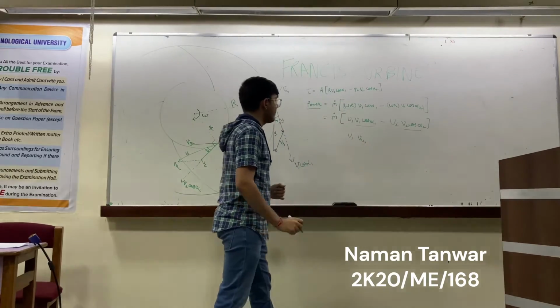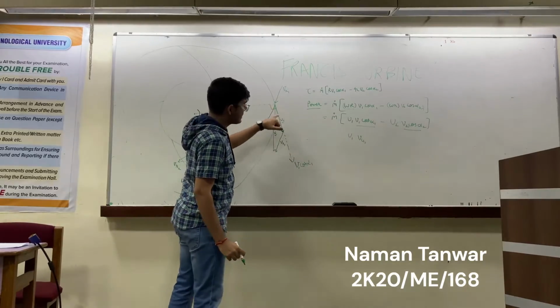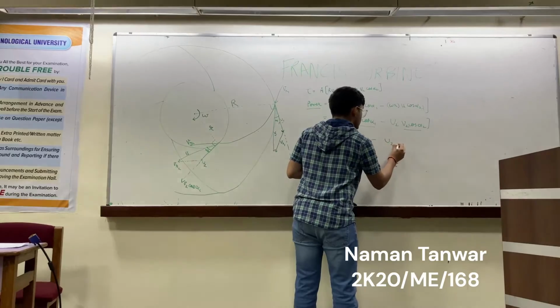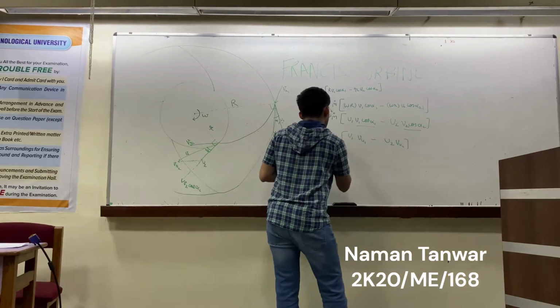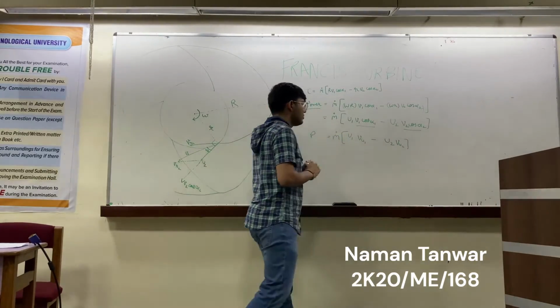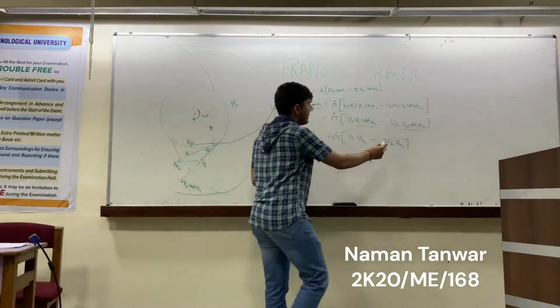Why u have we taken here? Because it's along the direction of u, along the direction of blade velocity, minus u2 V u2. Now this is the expression for the power generated by the turbine.